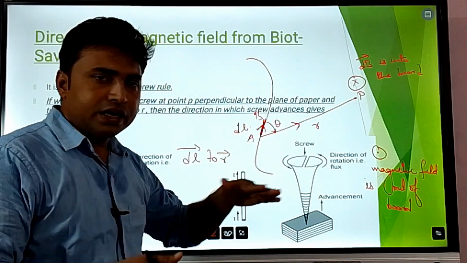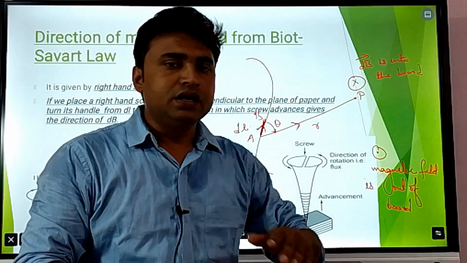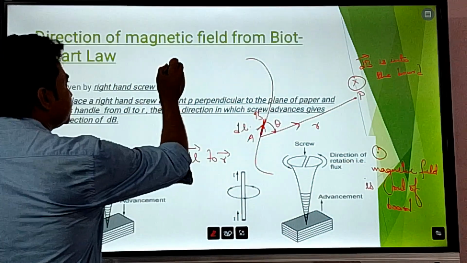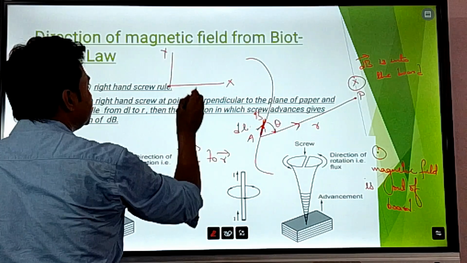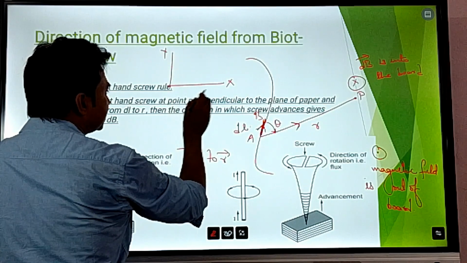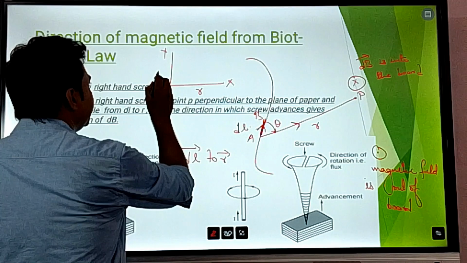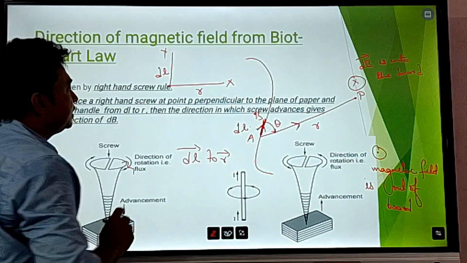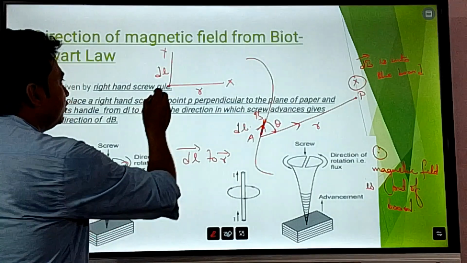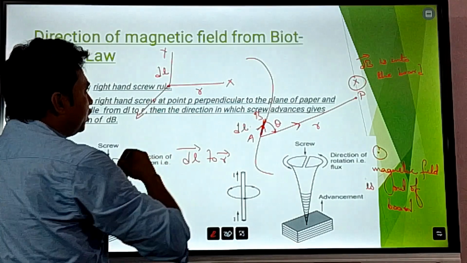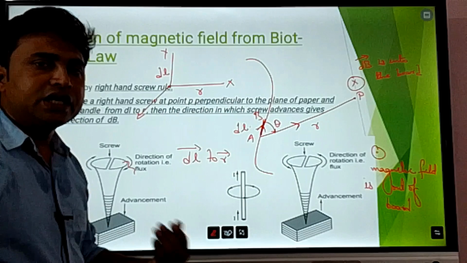The magnetic field is always perpendicular to dL and r. dL and r lie in the same plane. Suppose dL and r lie in the XY plane, with r along the X axis and dL along the Y axis. Then the direction of the magnetic field will always lie along the Z axis, either positive or negative Z axis.